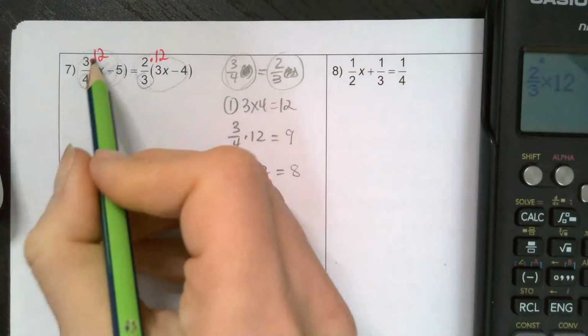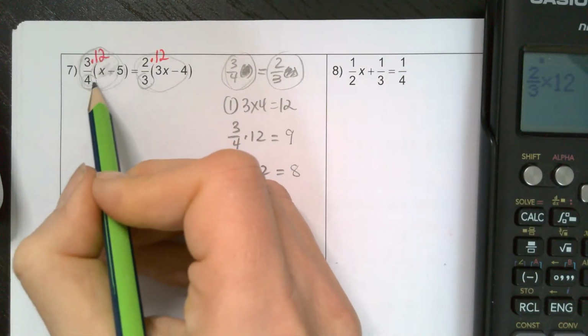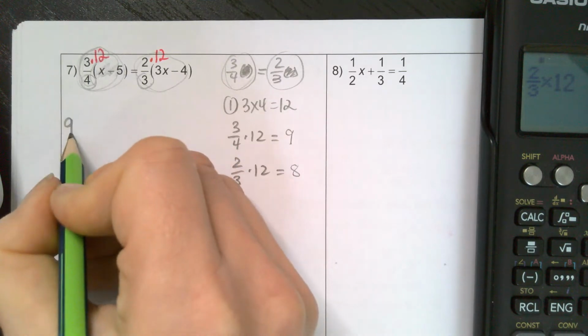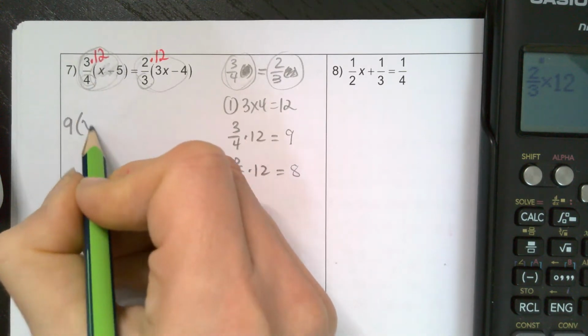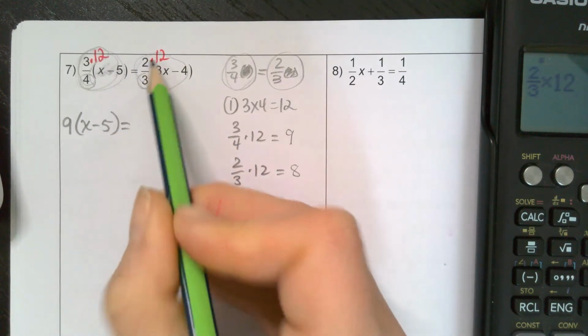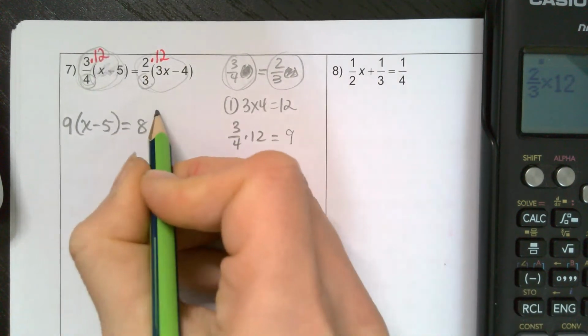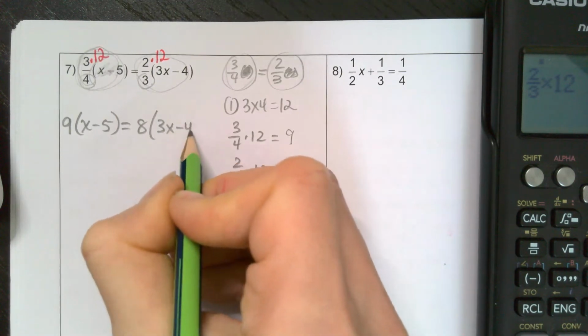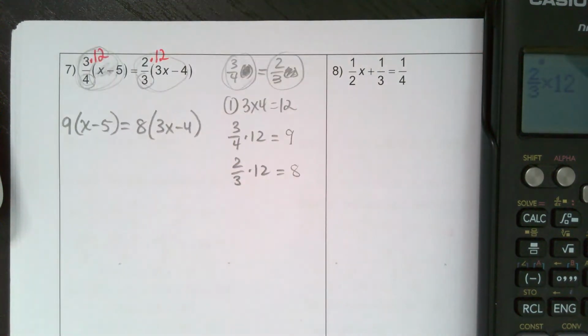Okay, so this here is 9. So I have 9, and then I have this bracket stuff that I don't really care about yet. And then 2/3 times 12 is 8. Okay, so see, we got rid of the fractions.